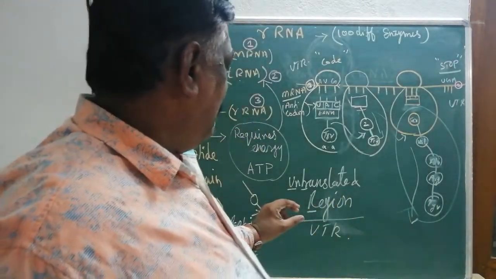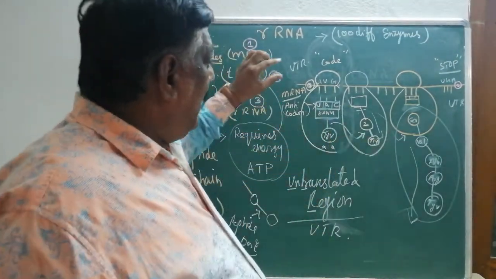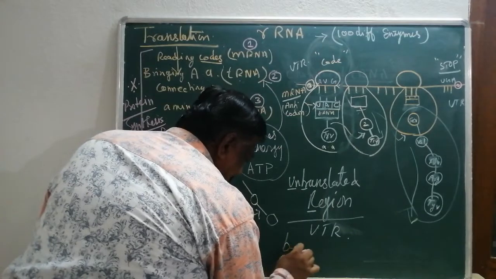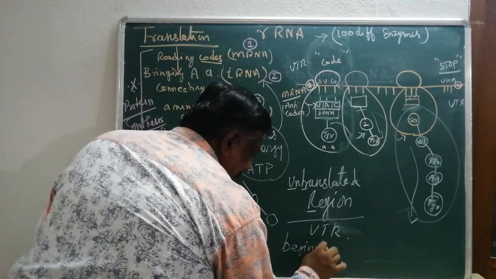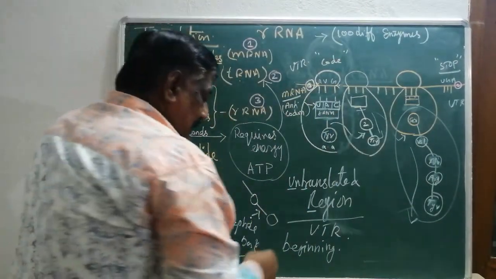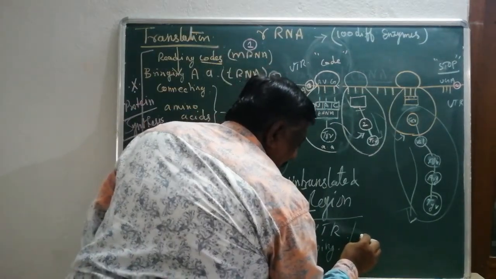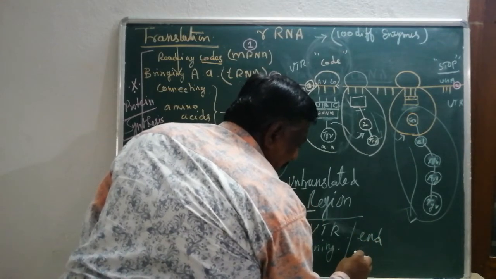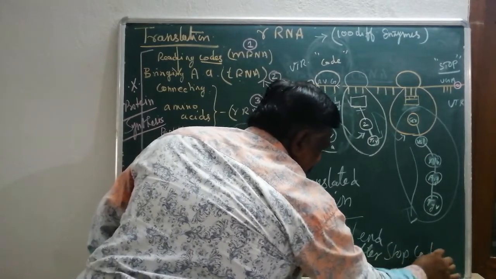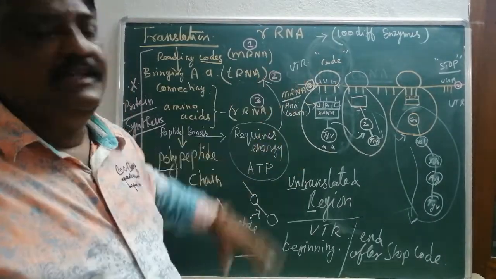And this UTR, which is not bringing any amino acid, is not translated, and is always present at two places: at the beginning of the mRNA, and at the end after the stop codon, at two places.